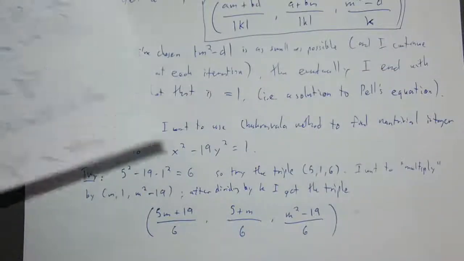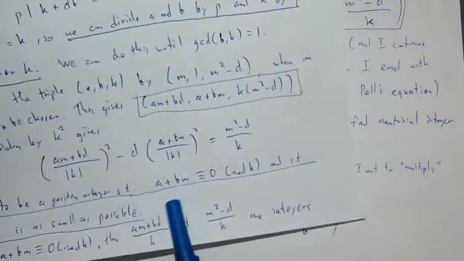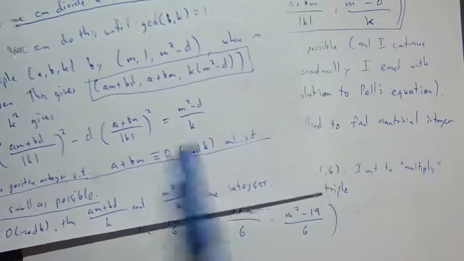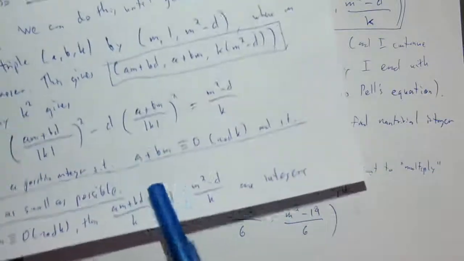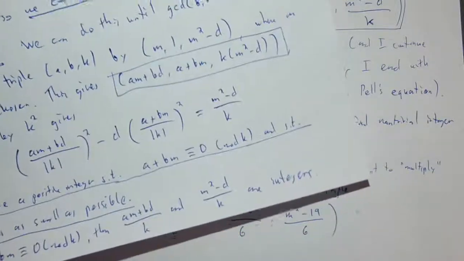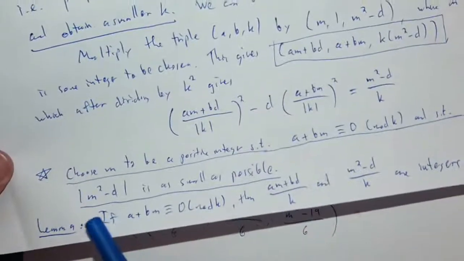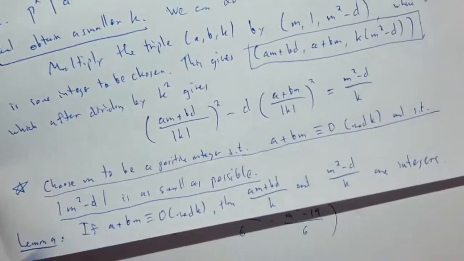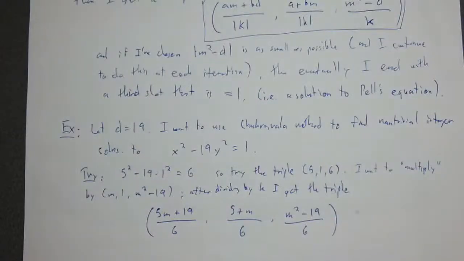So this is 5 + m in this case. So we want to choose m in such a way that 5 + m is congruent to 0 mod 6. And we want to choose m that satisfies that in such a way that m squared minus d is as small as possible, or rather the absolute value of that is as small as possible.